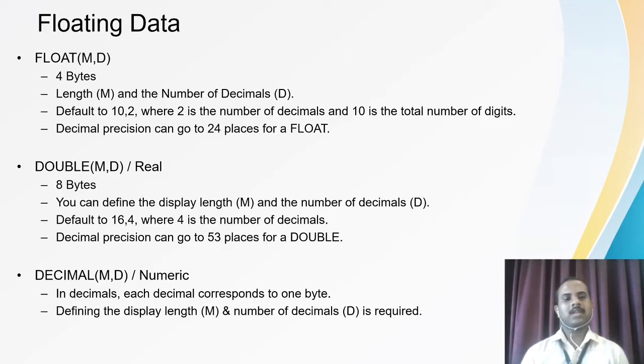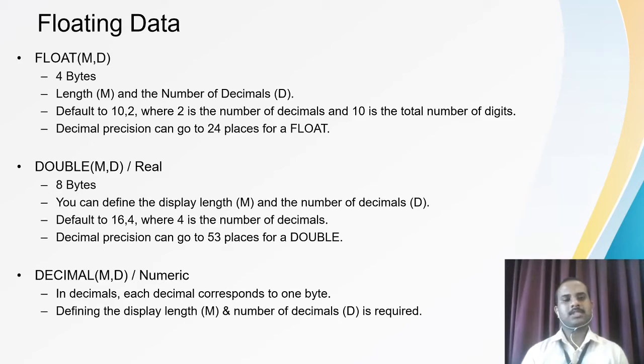Here also M represents the length of the number and D represents the decimals. By default, M and D will be 16, 4, where 16 represents the total length and 4 represents the number of decimals.